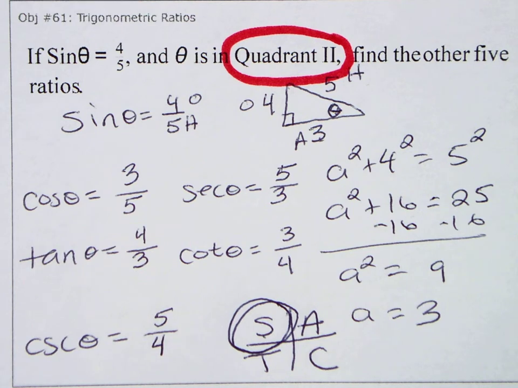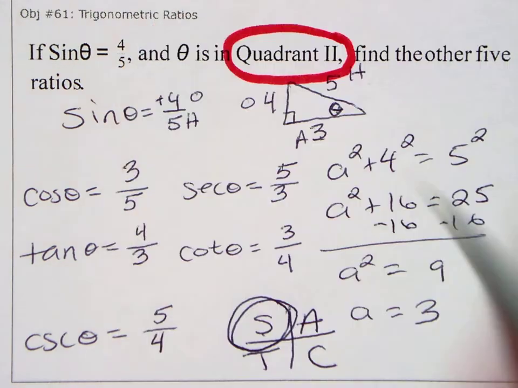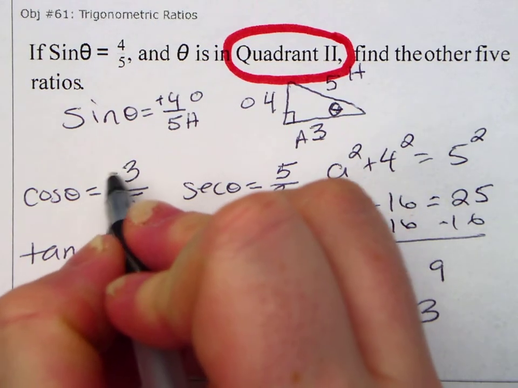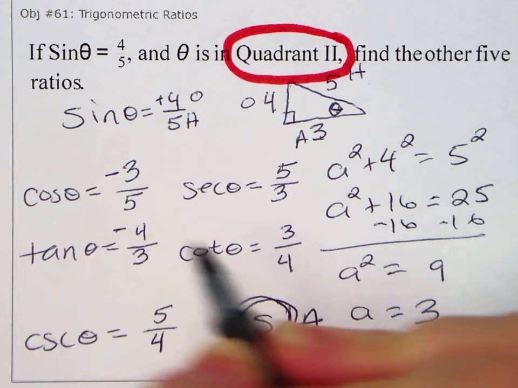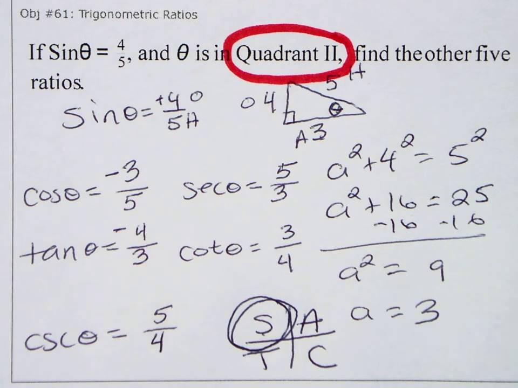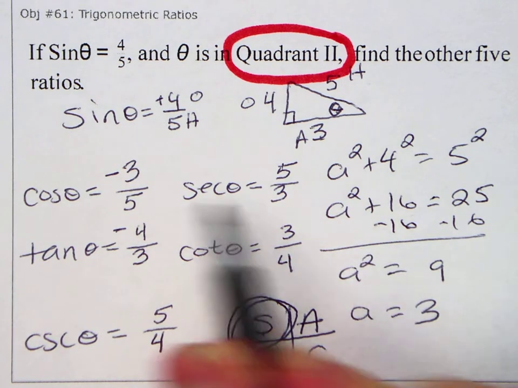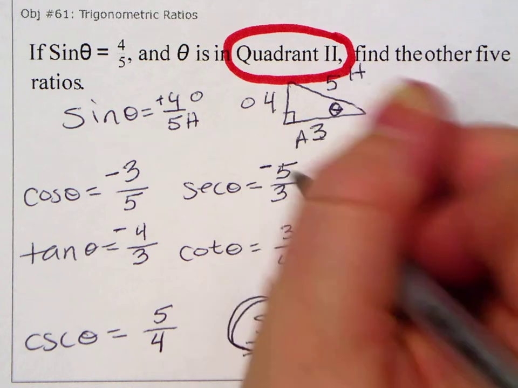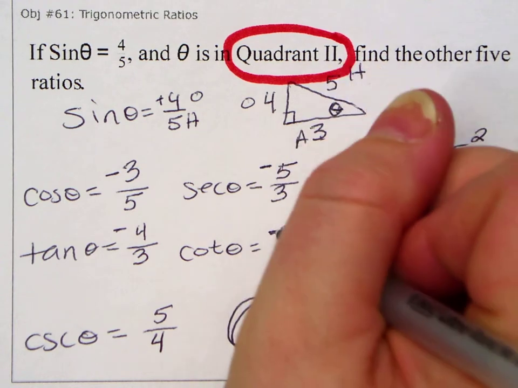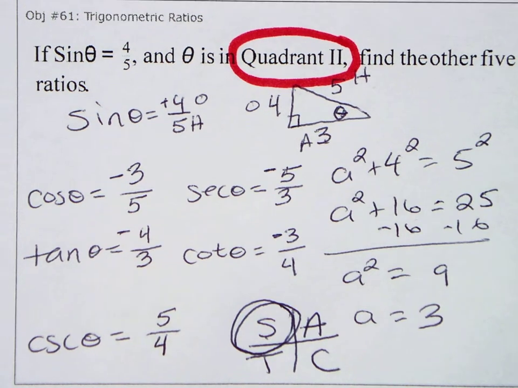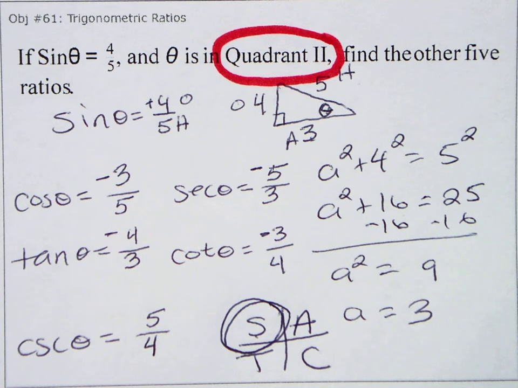Sine is positive, everything else is negative. So my sine is positive, but cosine's negative and tan is negative. If these are negative, what else is going to be negative? Well, it's reciprocal, right? So I'm going to make these both negative too. It does not matter where you put your negative, just put your negative in. Right? And that's it, we're done.